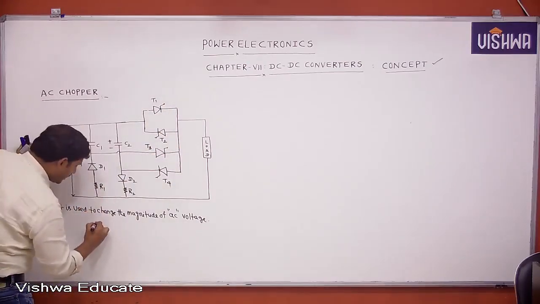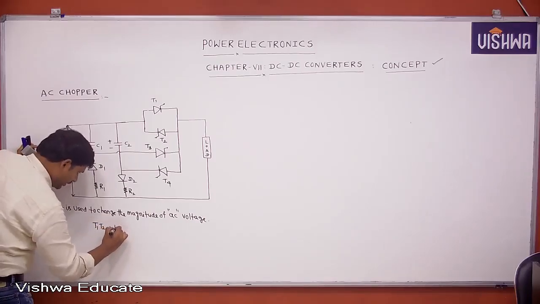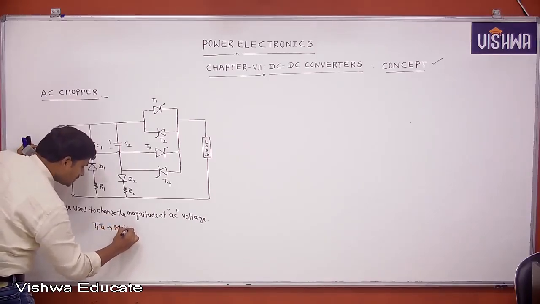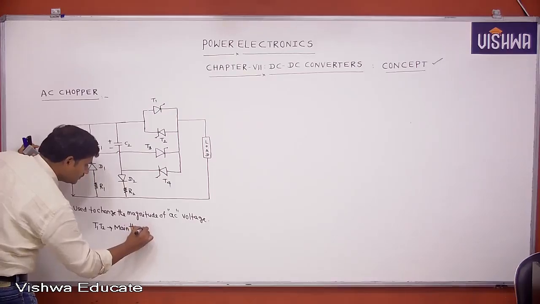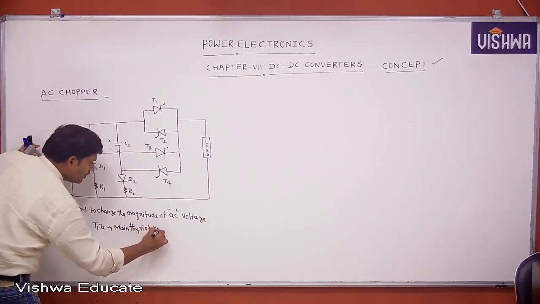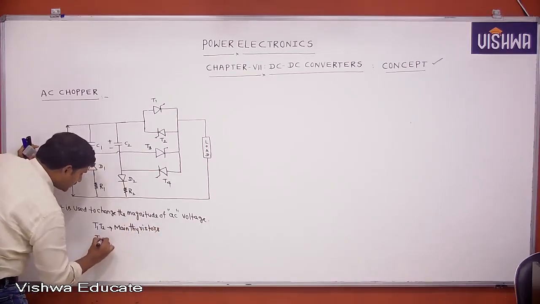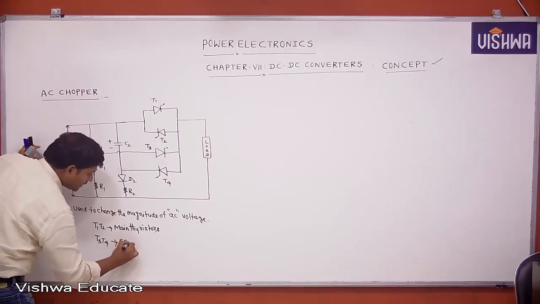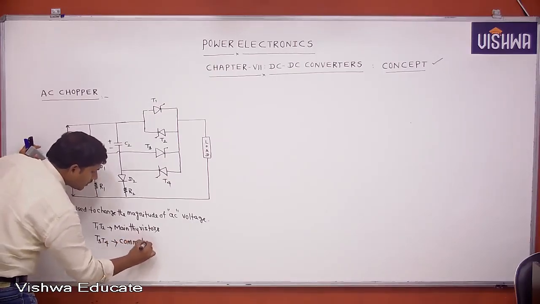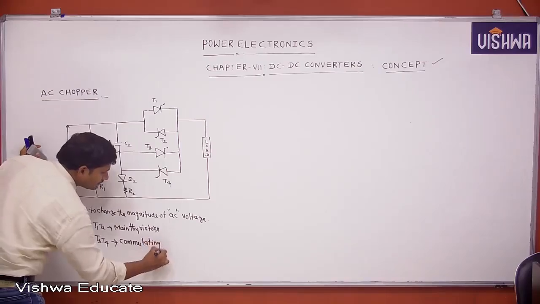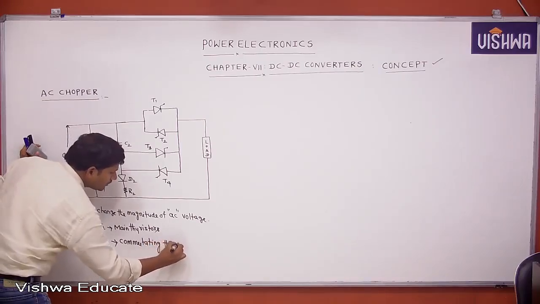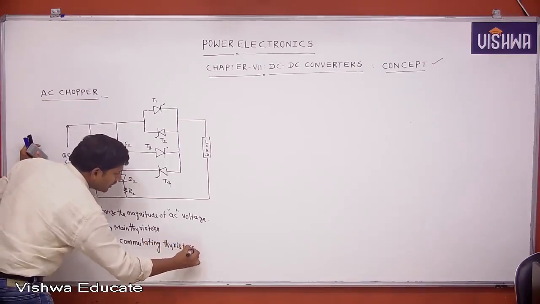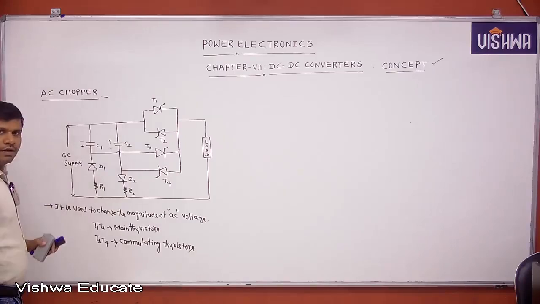That means T1, T2 are the main thyristors. T3, T4 are commutating thyristors. For commutation of T1, T2, we are using T3, T4.